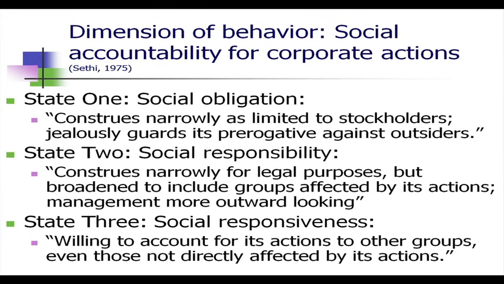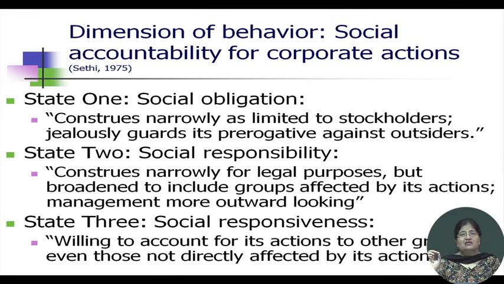The next dimension of behavior is social accountability for corporate actions. When you are in state 1, your social obligation is construed narrowly as limited to stockholders. So, we are talking about social accountability. We are talking about the accountability of our actions to the people around us.